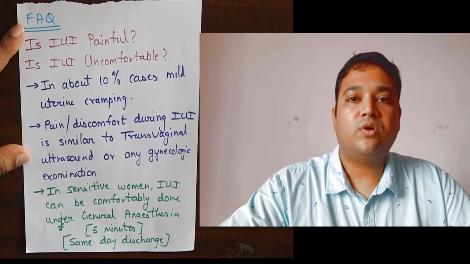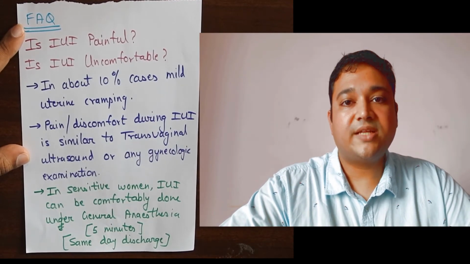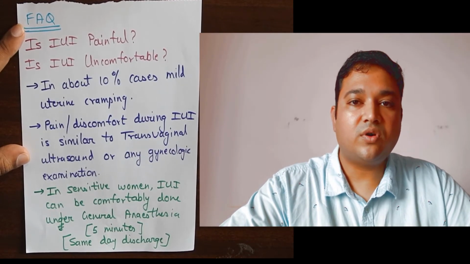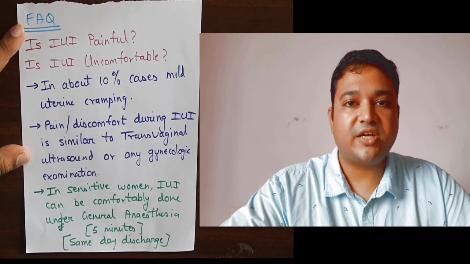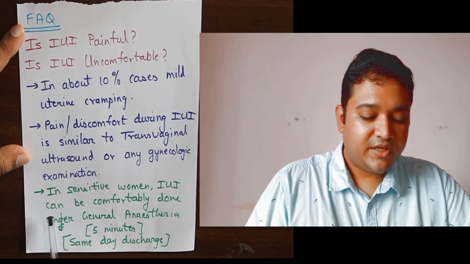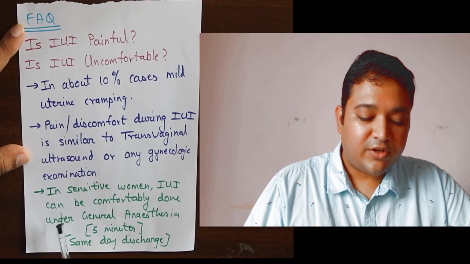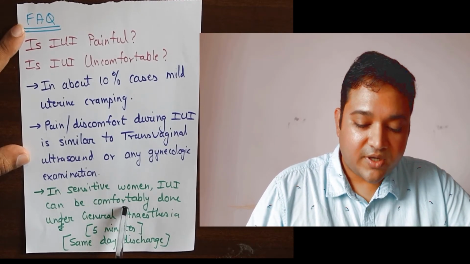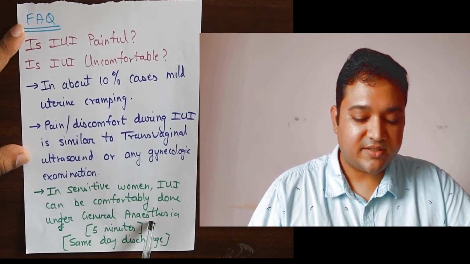Also, it is very important to note that some women are really sensitive or may be having a painful vaginal introitus. In very sensitive women, IUI can still be very comfortably done under general anesthesia.